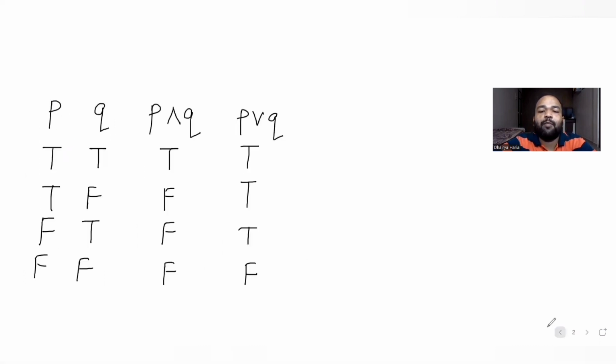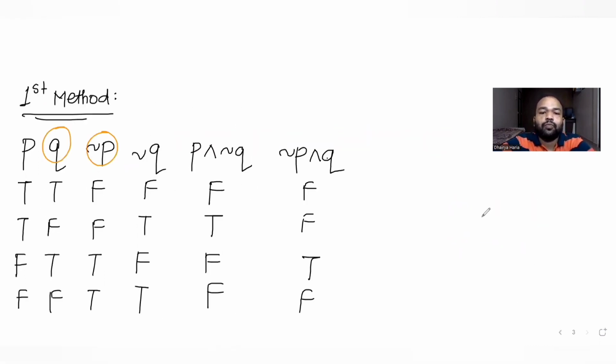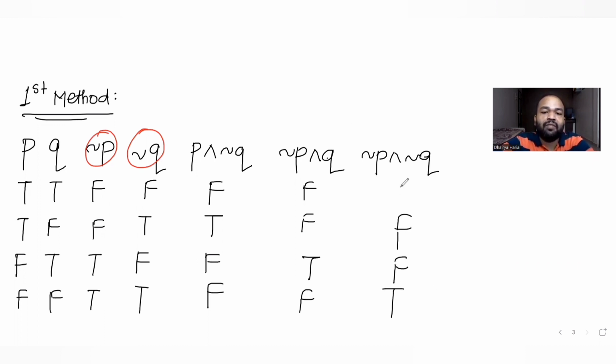The third one given here is negation P cap negation Q. I'll remove this orange box. If I apply negation P cap negation Q, only these two are T together, so this becomes T, otherwise all others are F.